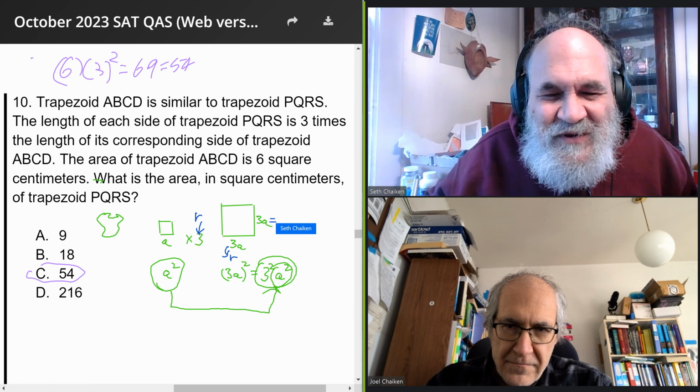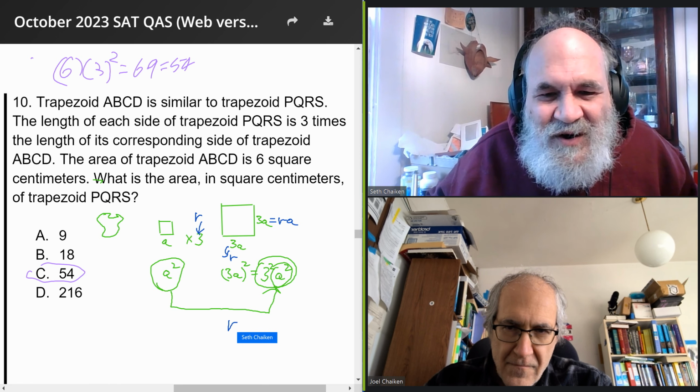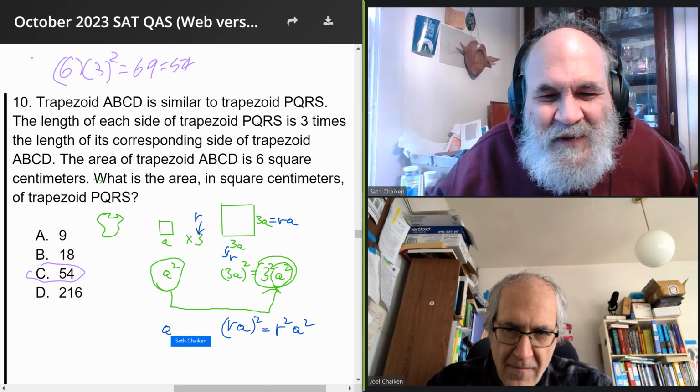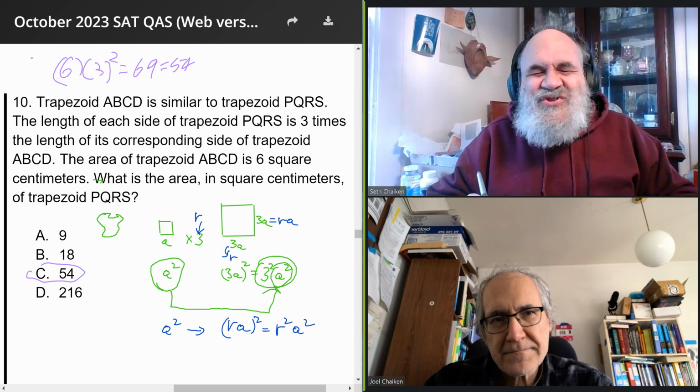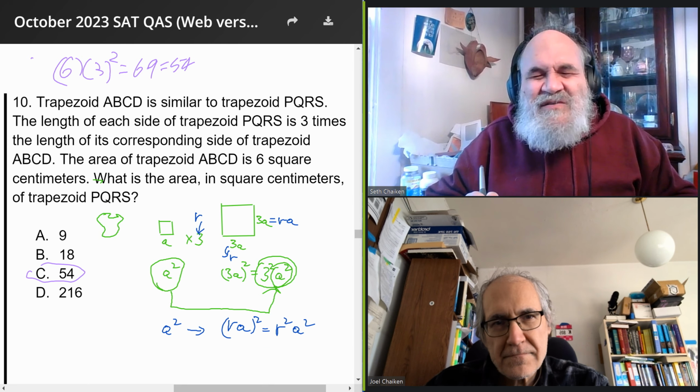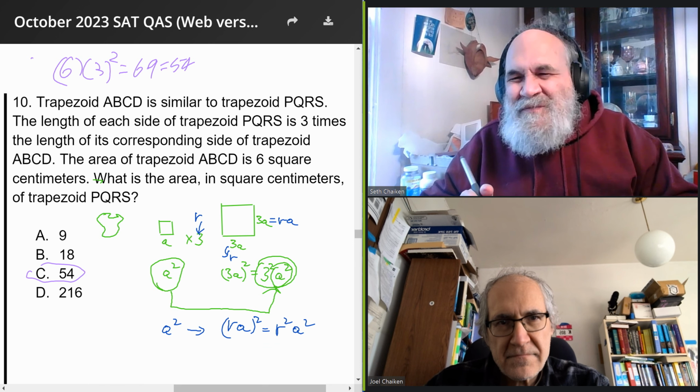This becomes RA, and RA squared is equal to R squared times A squared. So A squared goes up to R squared times A squared. But the point is, this argument is only true for squares.